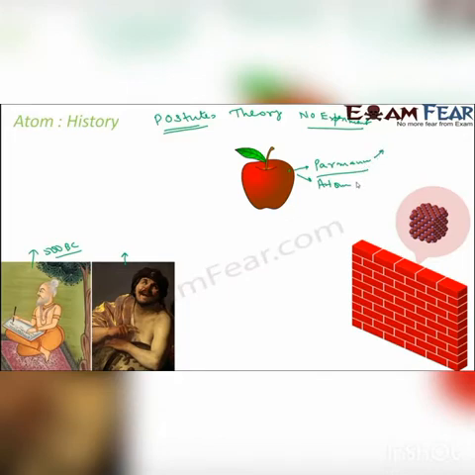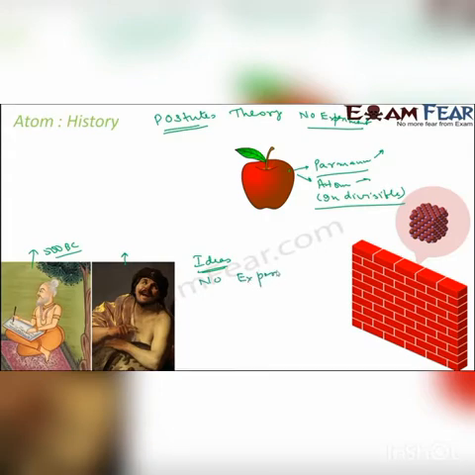Atom was the name given by Democritus for the same thing. The word atom came from the Greek word meaning indivisible. A is 'not' and 'tomos' is divisible. Atom, indivisible. Please note they are all based on philosophical consideration. There was no experiment done to validate these ideas. These were just ideas. Right? There were no experiments.